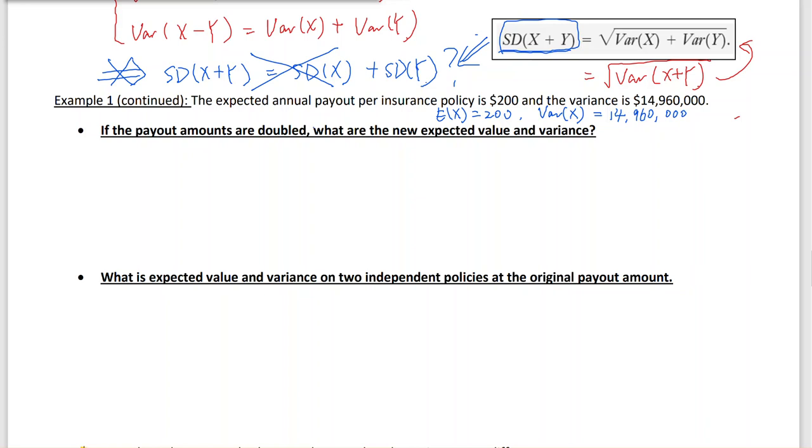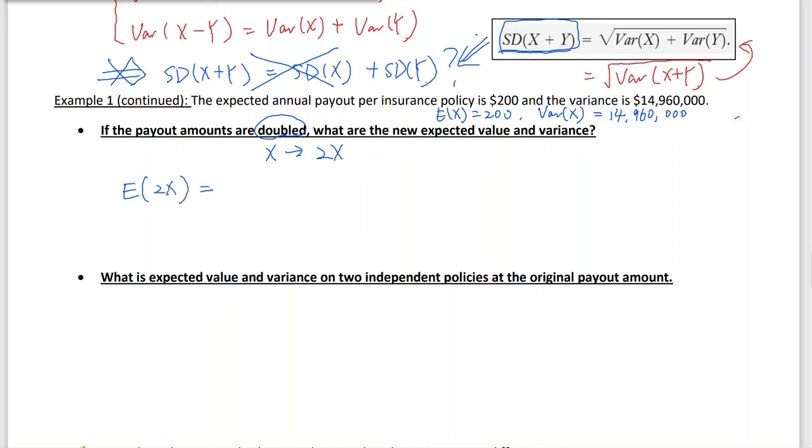If the payout amounts are doubled, that means x changes to 2x. So what will be the new expected value? That means you have the expected value of 2x.